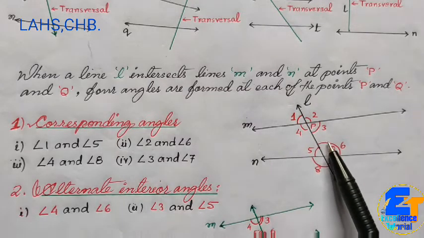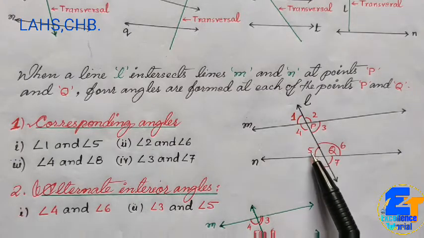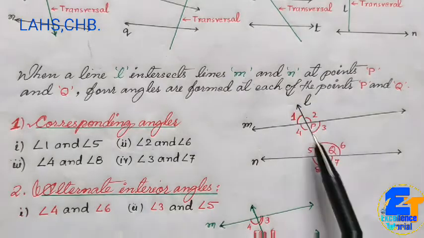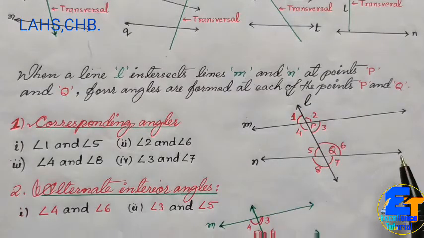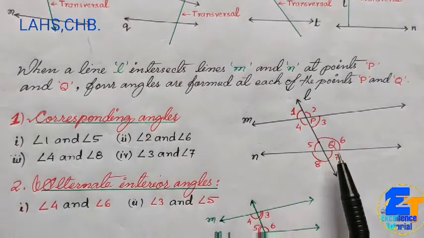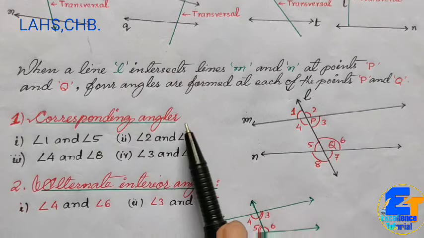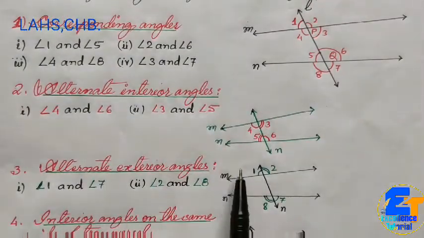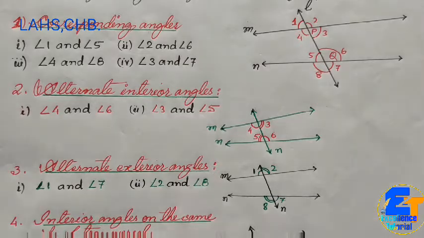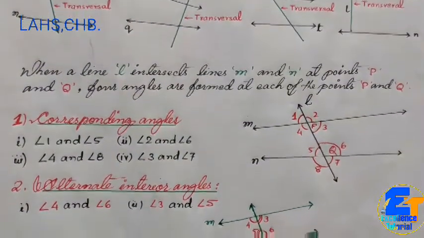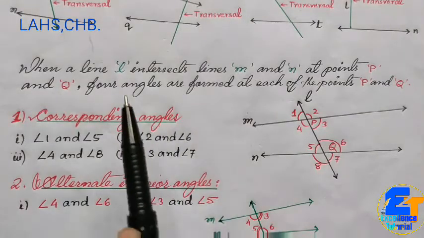In the same way, at point Q, four angles have been formed: angle 5, angle 6, angle 7, angle 8. So when a transversal intersects any two lines, the four angles formed at each point can be categorized as corresponding angles, alternate interior angles, or alternate exterior angles.